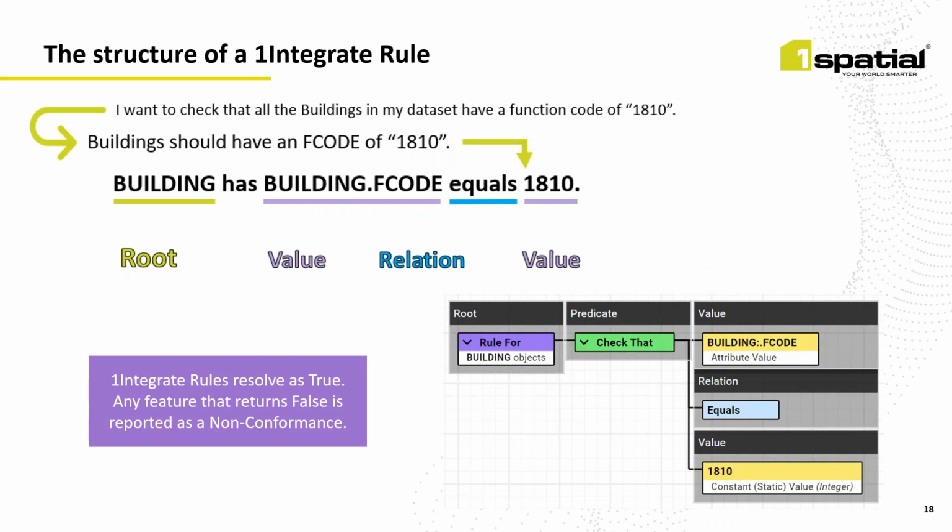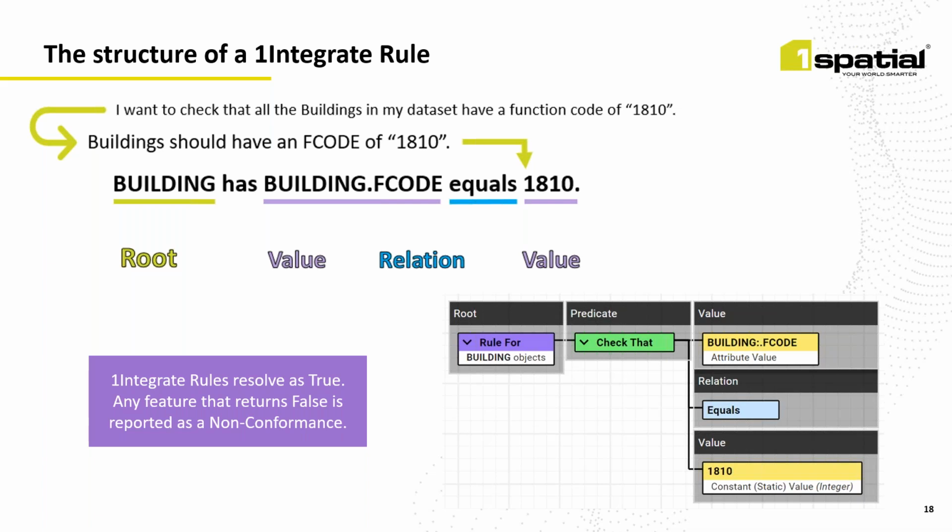So this is the structure of a rule within 1Integrate. In this example, we might have this rule noted down or documented in a spreadsheet or a Word document, and that may say something like, I want to check that all the buildings in my data set have a function code of 1810.